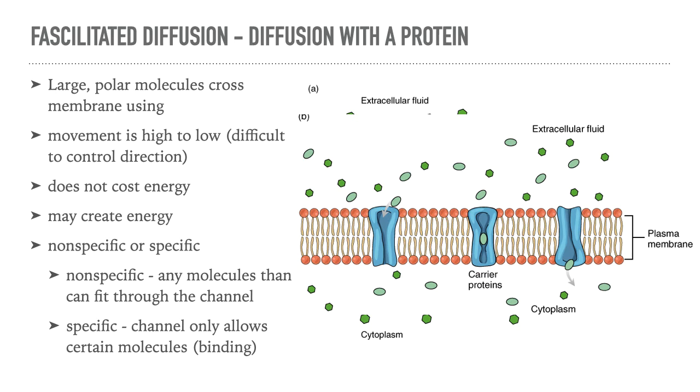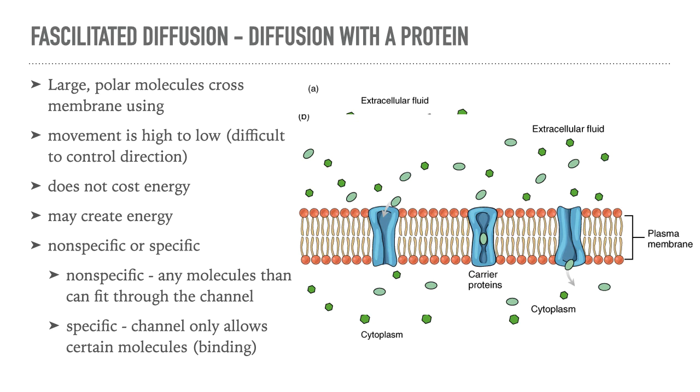So when you have specific facilitated diffusion, the channel itself will interact with its target molecule and allow it, and only it, to diffuse through. Now, it's still going to depend on concentration. The target molecule is only going to move inside the cell if the target molecule is lower in concentration on the inside of the cell.